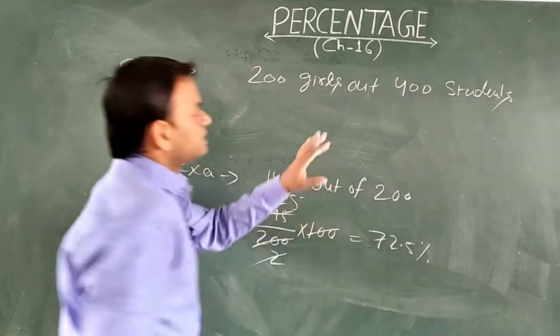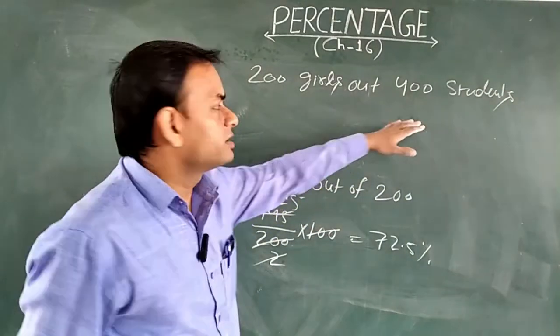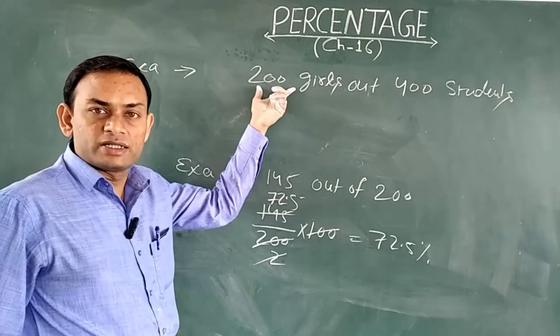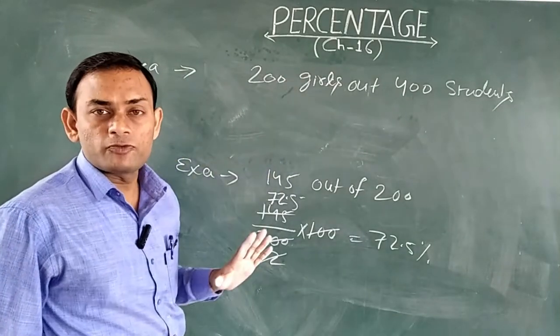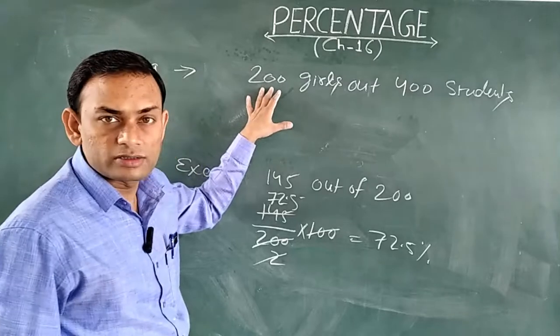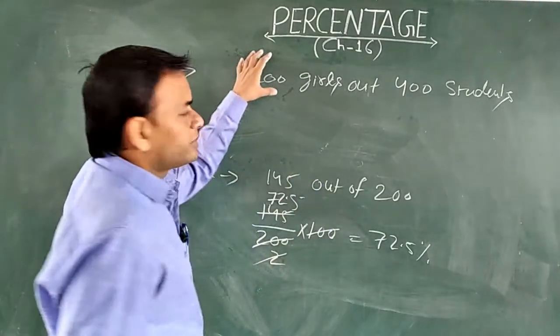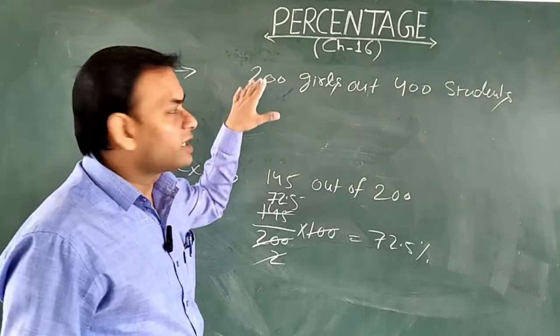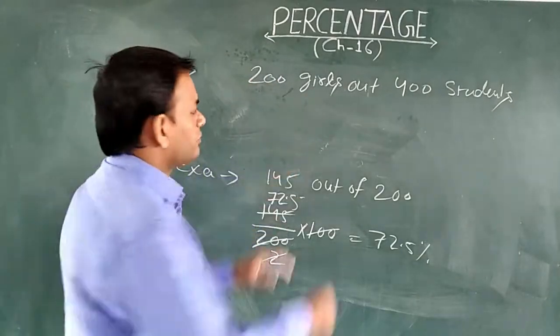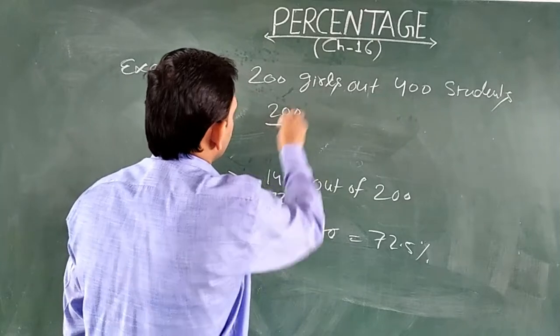Okay, the number of total students is given, 400, and 200 girls are there among them, and you have to find the percentage of the girls. So how do you find out? As I told you, the number which we are talking about, we are talking about the 200 girls. So we will write it above the line.